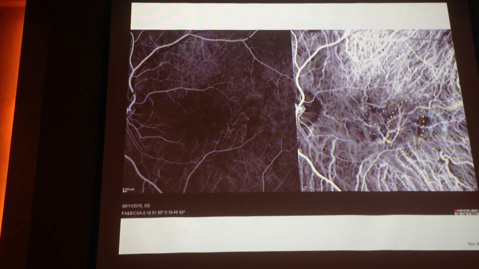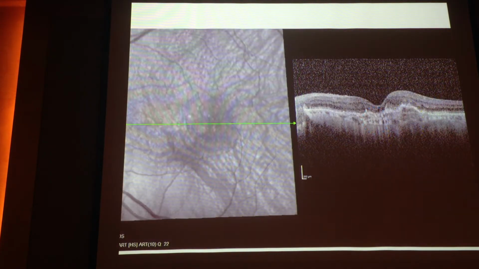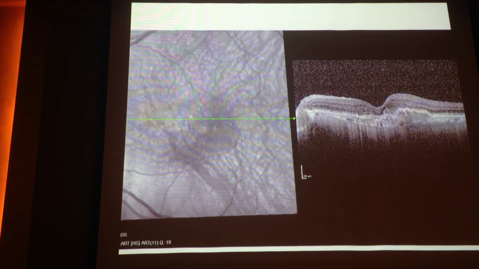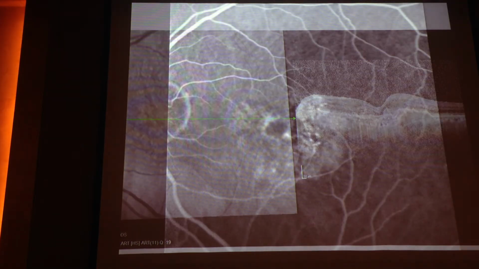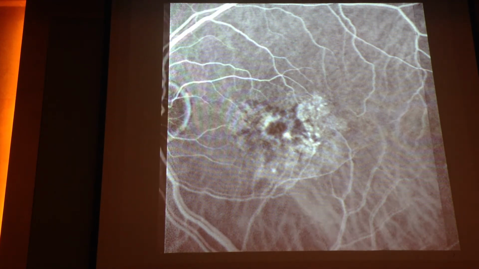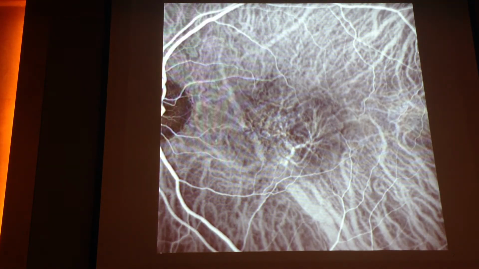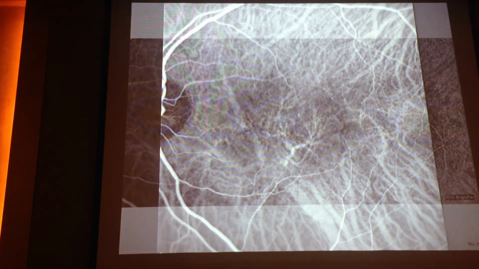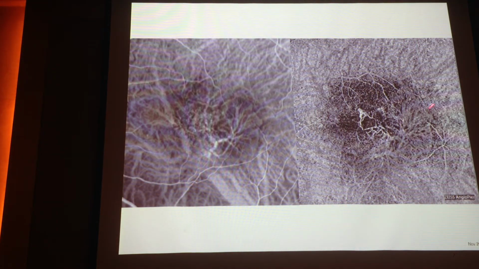If we go to the two parts, one here and one here, this is the normal OCT. Here a fluorescein. The ICG. And the angio-OCT, where we actually see two parts.